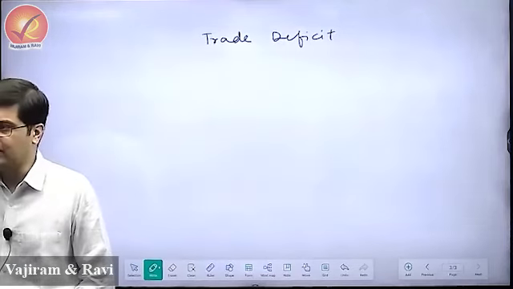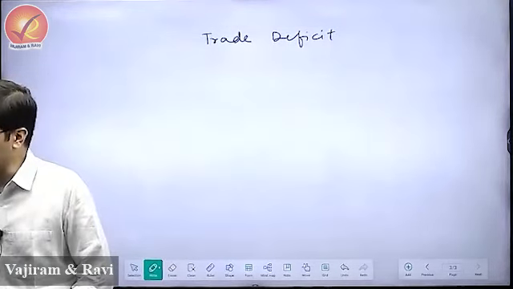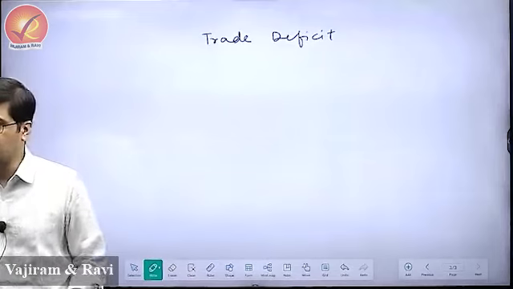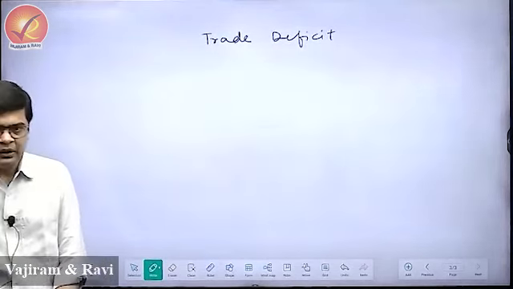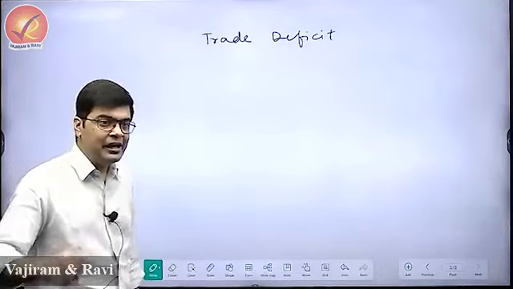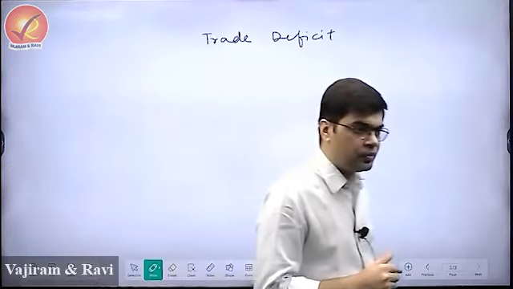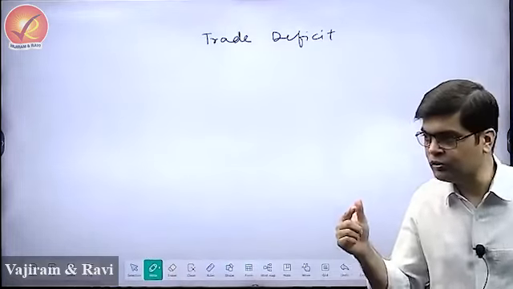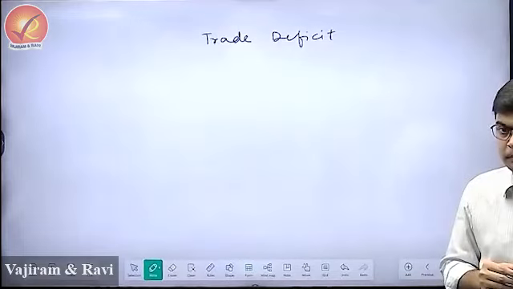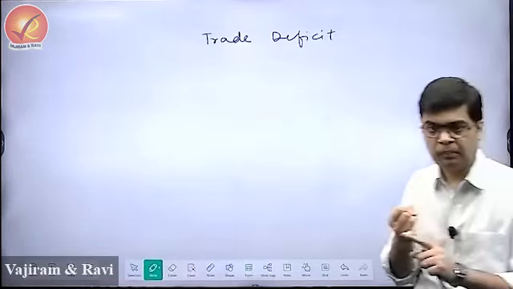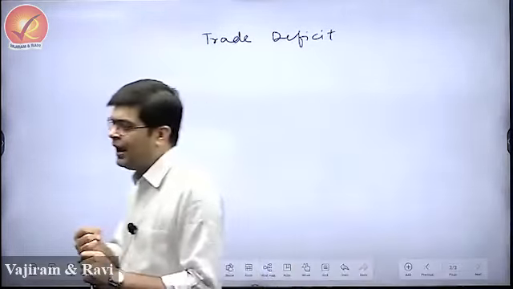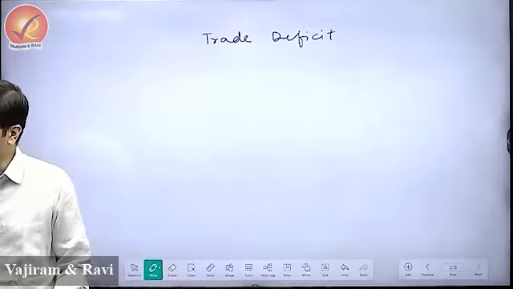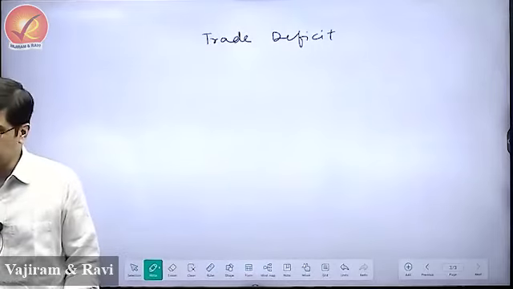In goods we have a trade deficit, that is, we import more value of goods compared to the goods that we are exporting. If I look at the trade in agriculture commodities, do we have a surplus or a deficit? Surplus, okay. We have a net trade surplus when it comes to trade in agri commodities.